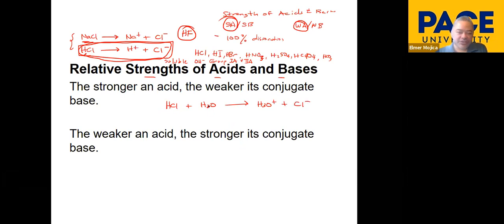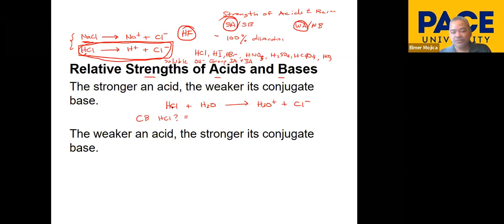So what is the conjugate base of HCl? Anyone? In the given reaction, what is the conjugate base of HCl? If I ask the question in a multiple choice quiz or test, what is the conjugate base of HCl in the given reaction?